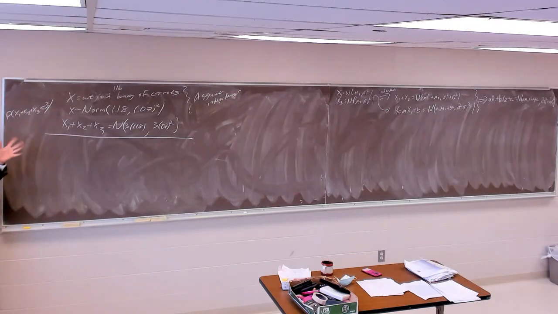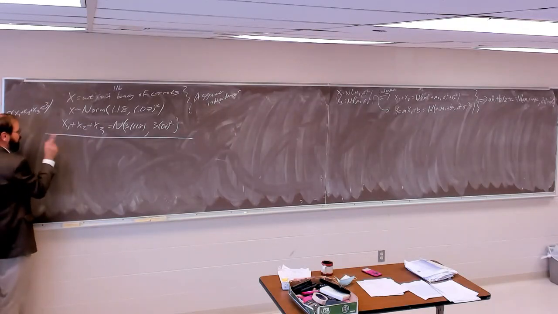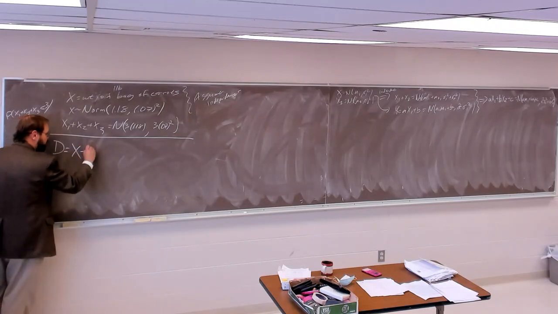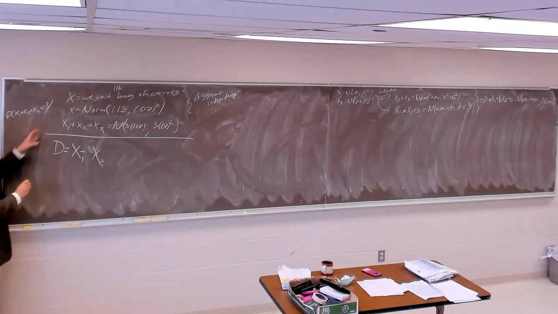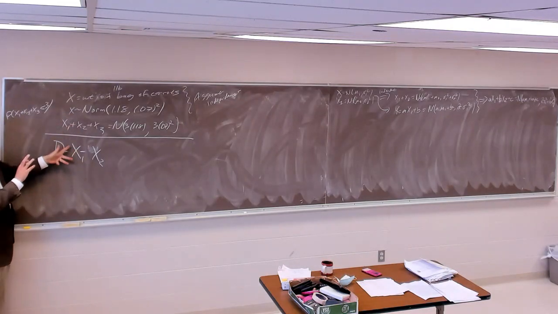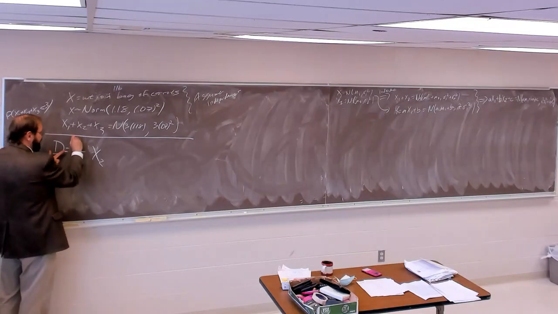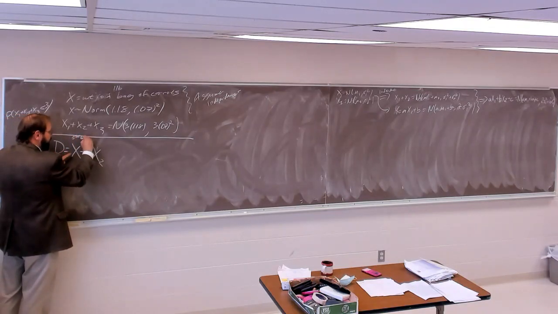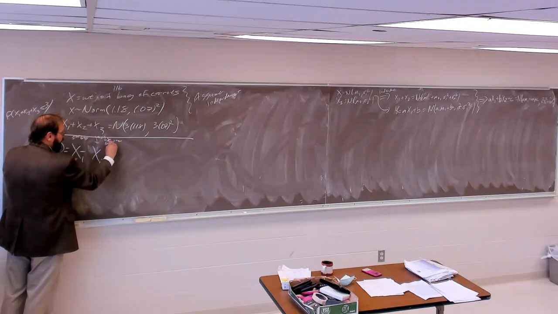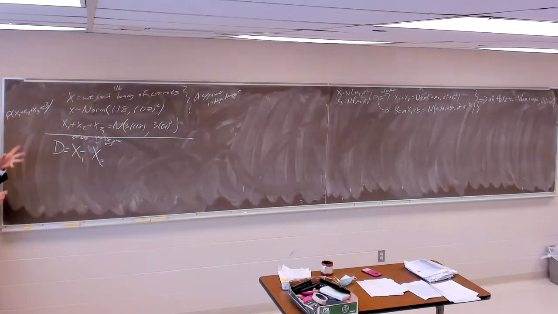Okay. I'll do a slightly different one here. Here's a new random variable d, which is going to be x1 minus x2. So if I'm dealing with a random variable like this, x1 is just the weight of the first bag, and x2 will just be the weight of the second bag. And my new random variable is doing what now?